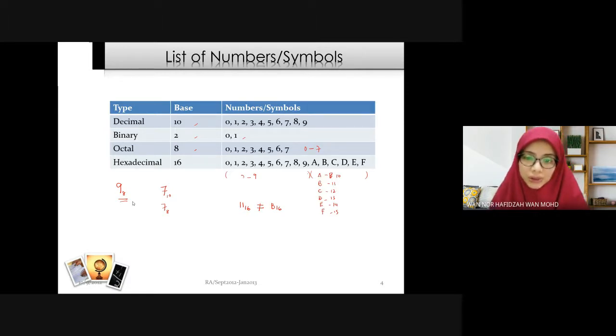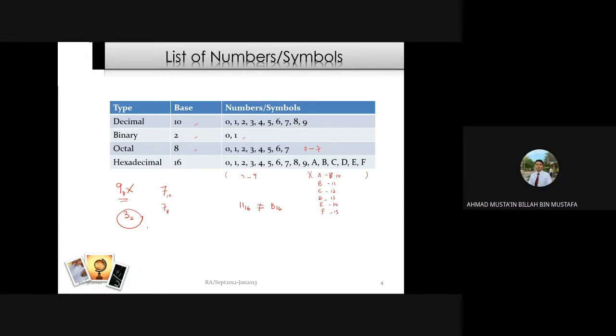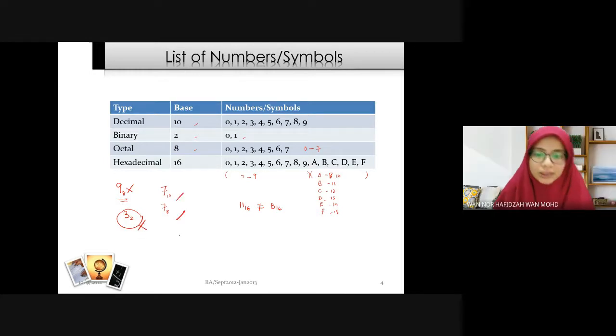The maximum digit should be 7. Another example, 3 base 2. What about this? Wrong, because for base 2 we only have 0 and 1. So this is right. Okay, let's move to the next slide.